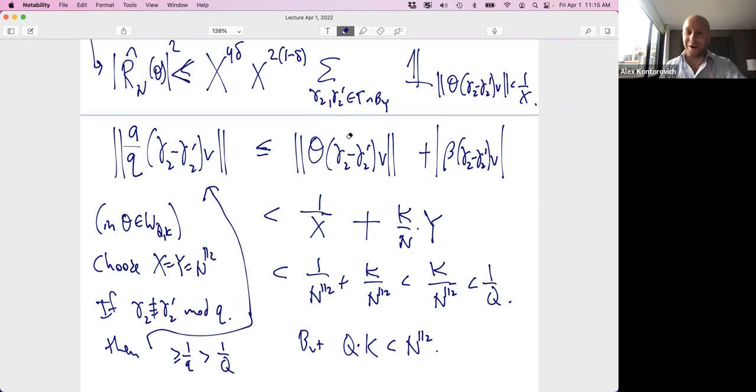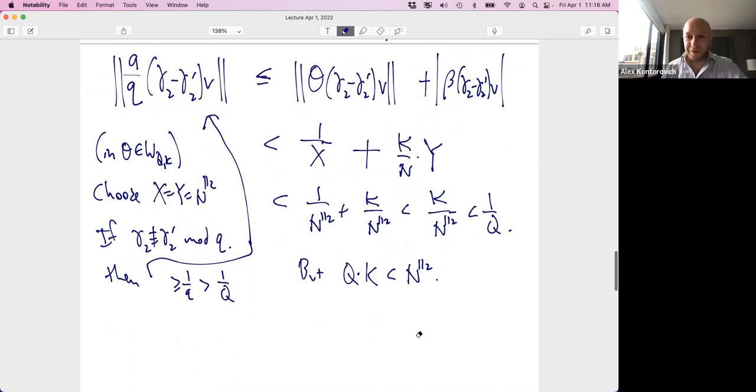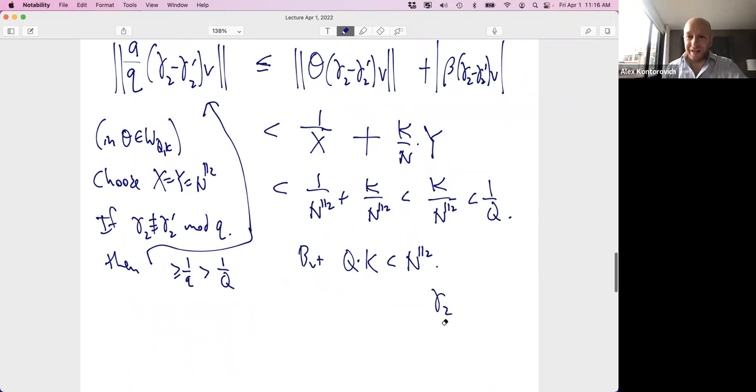This is taken care of in the paper. You have gamma 2s, and the gamma 2s are of size y or something. So what you really do is break things up into a bounded number of pieces where the difference between any two of them is at most y over 100.